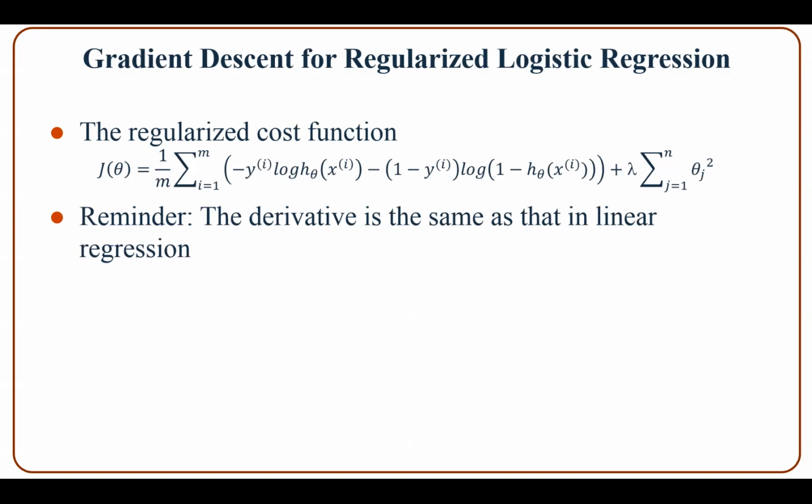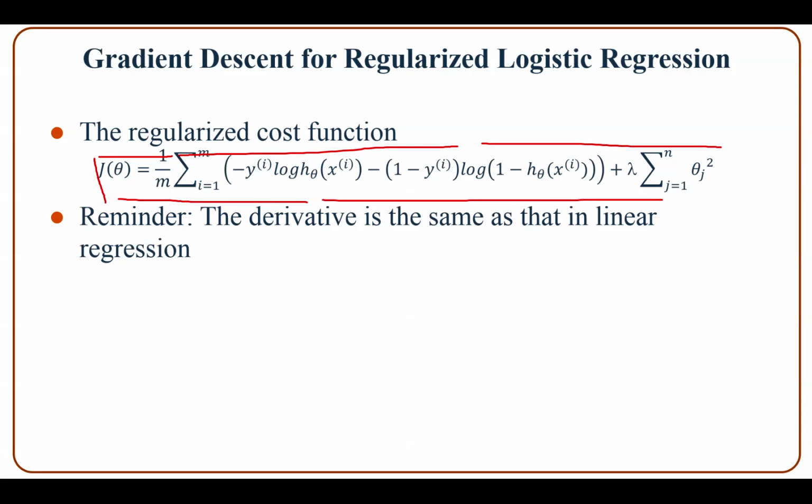Now we look at gradient descent for regularized logistic regression, and this is the regularized cost function. You can see that it is actually the original cost function with this term added in, right?